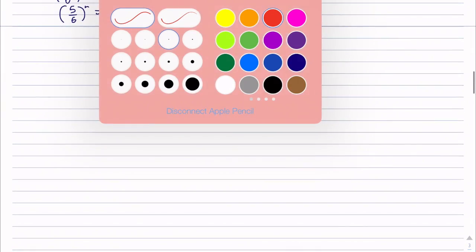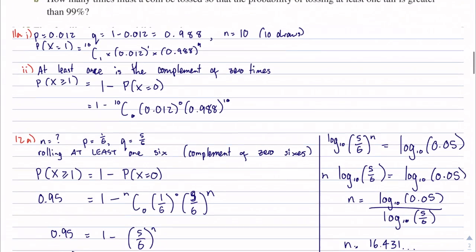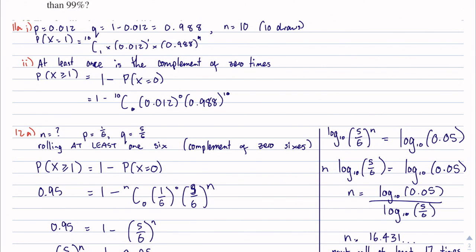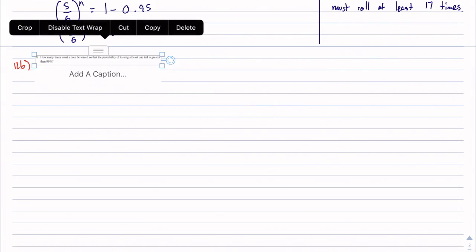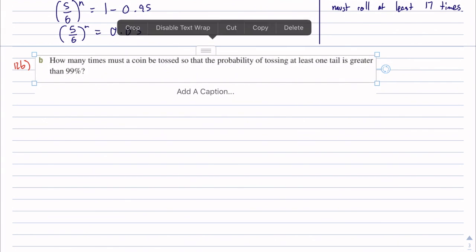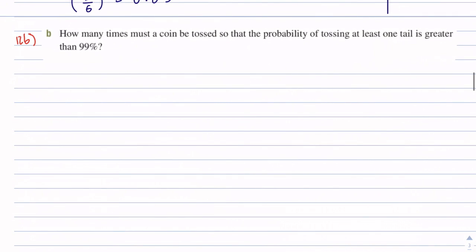Okay, 12b. What's it asking? How many times must a coin be tossed for the probability of getting at least one tail to be 0.99? Let me copy this question. Okay, so this time, the probability of tossing at least one tail, P(X greater than or equal to 1), is 1 minus P(X equals 0).